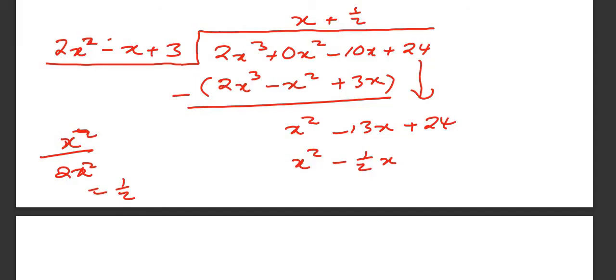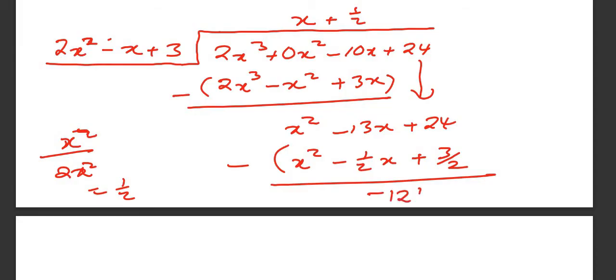Then this is going to be plus 3 over 2. This disappears when you subtract. This is just going to give us negative 12.5x. Then 24 minus 1.5, that's going to give us 22.5.